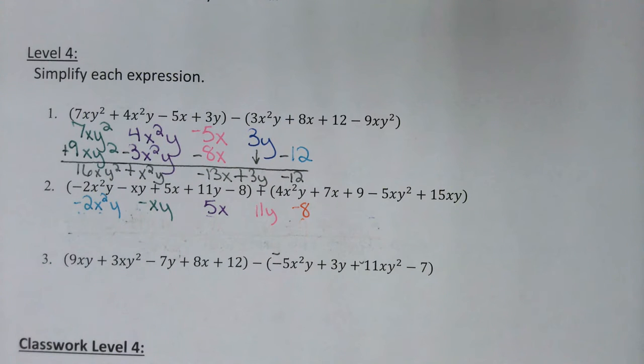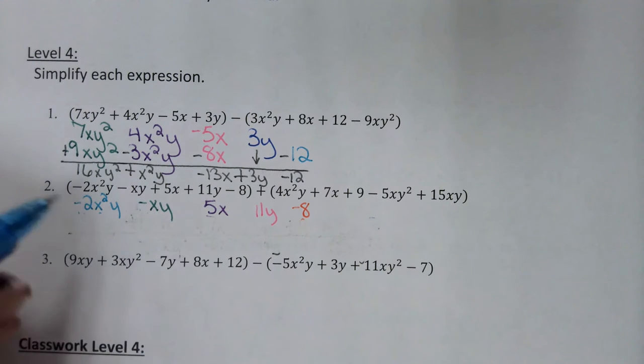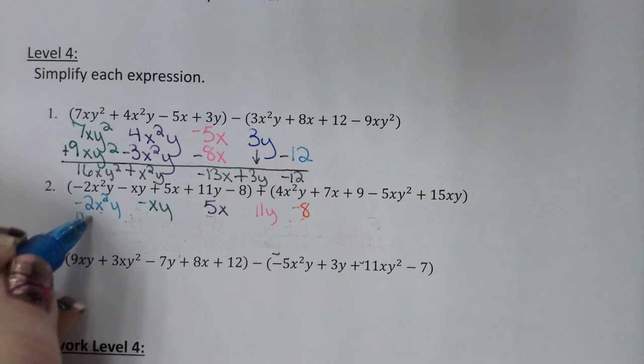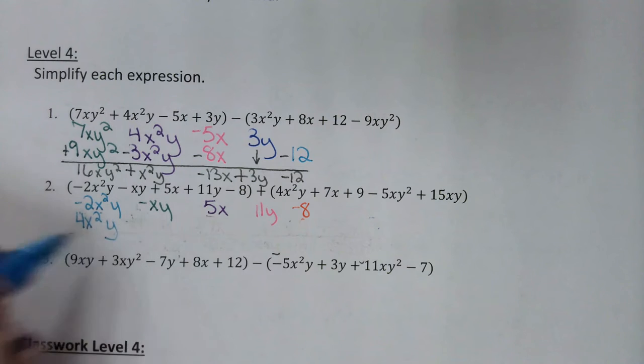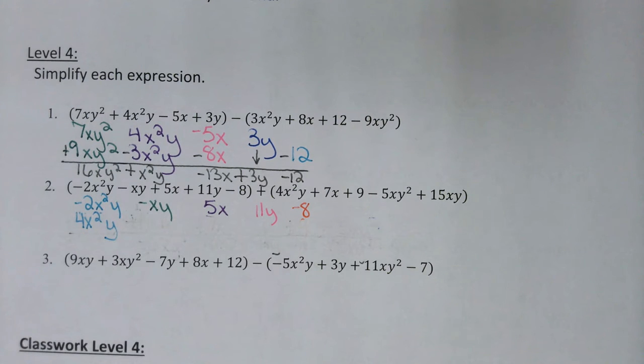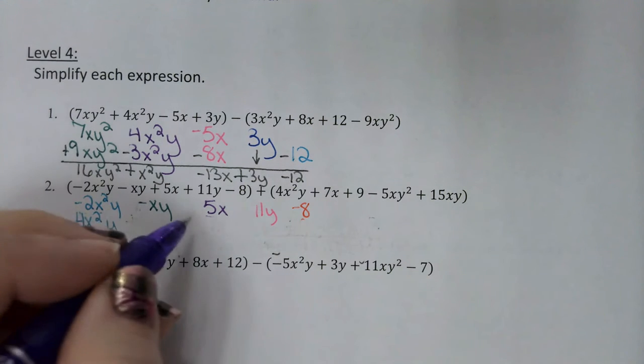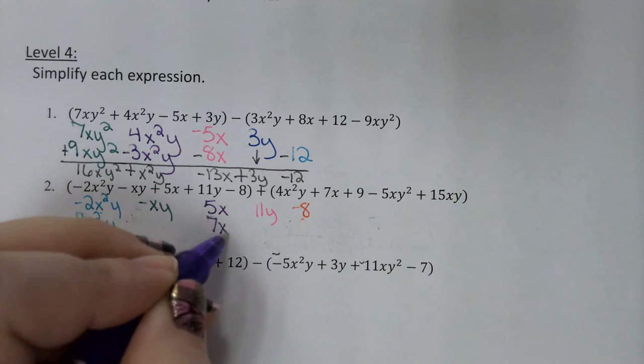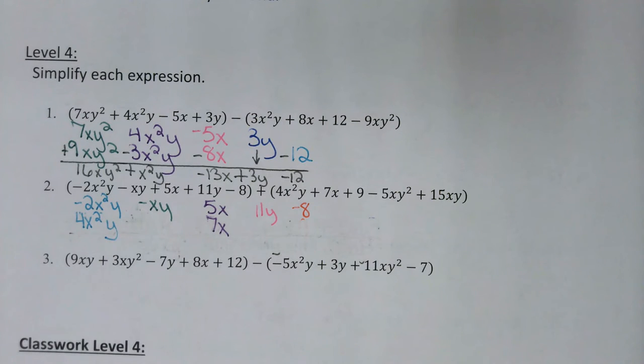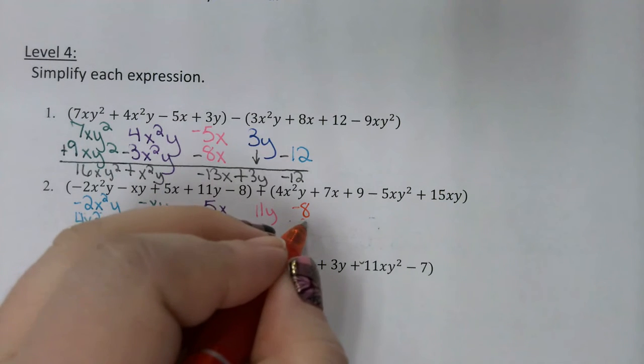For our next polynomial, we have 4x squared y. That will go underneath our negative 2x squared y. 7x will go underneath the 5x. 9 goes underneath the negative 8.